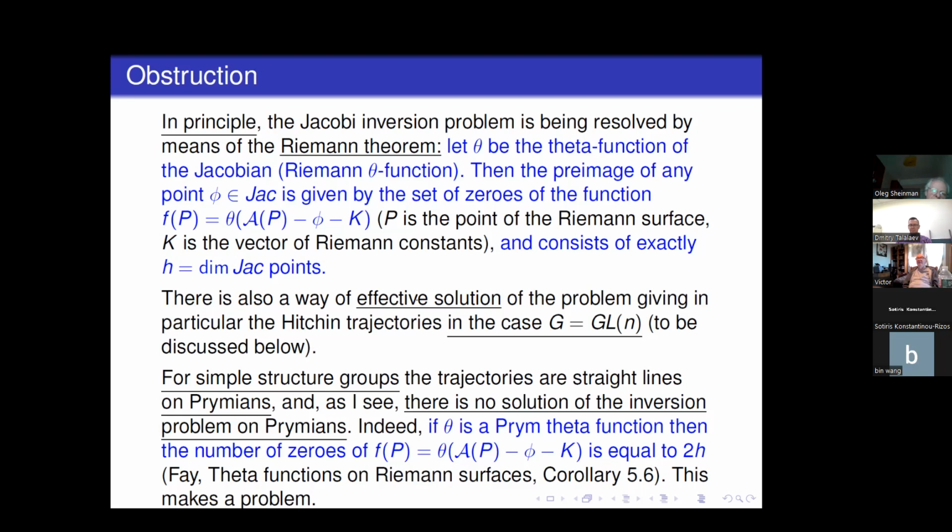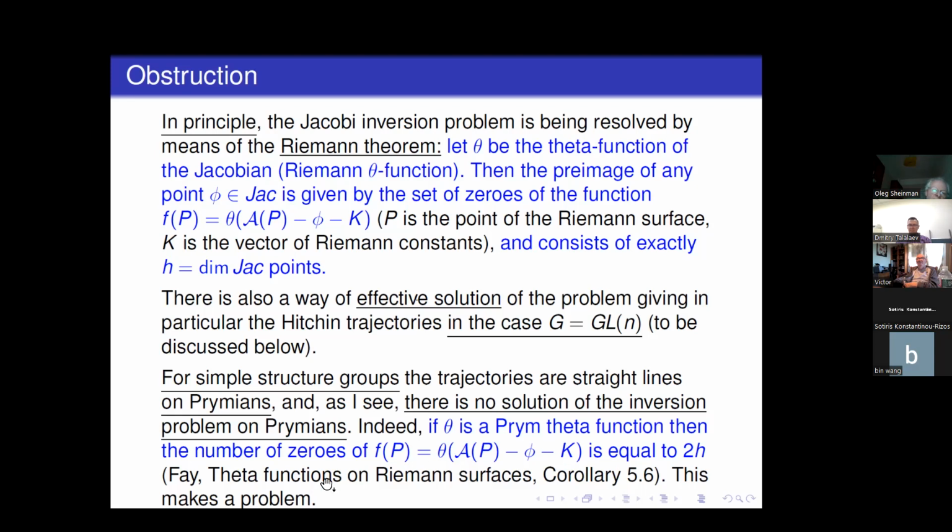We need h points, but the analog of the Riemann theorem returns us double h points, and these double h points normally are in generic position. There is no way to distinguish somehow h points, or group these double h points into pairs using convolution. It's impossible.